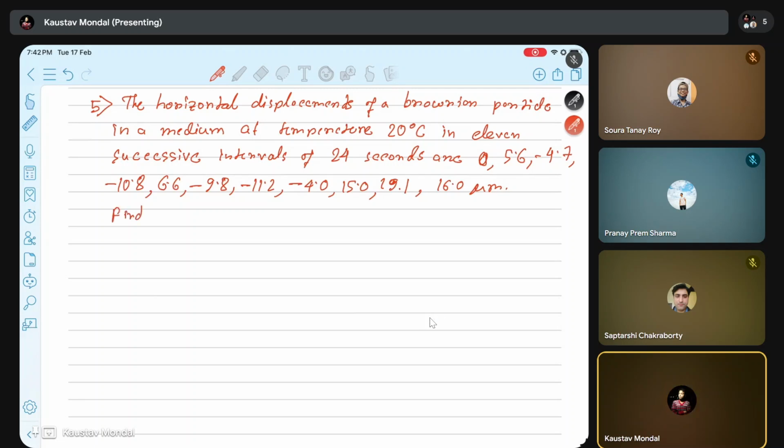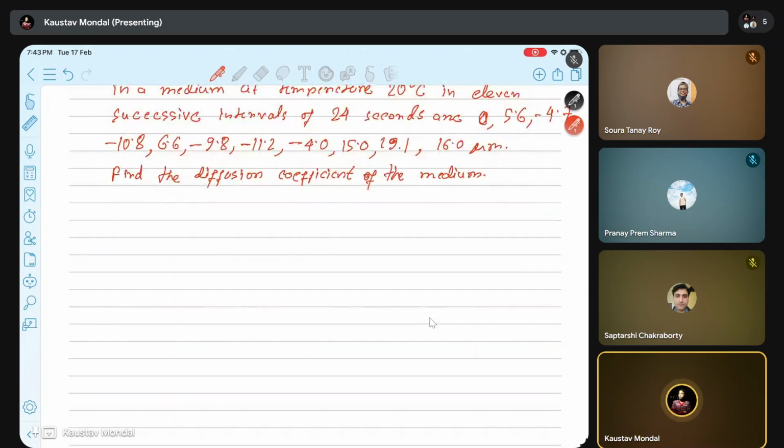Find the diffusion coefficient of the medium. Okay, so the answers are: option A, 2.456 into 10 to the power minus 12 meter square per second.